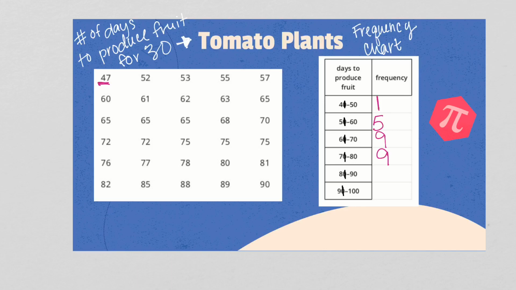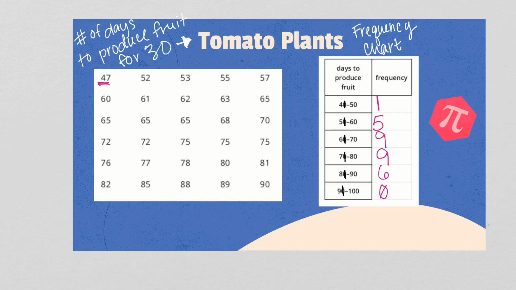Now from 81 to 90, so 1, 2, 3, 4, 5, 6. So we have 6 there. We do not have any from 91 because we already have gone through all of our numbers. So we have 0, and it's okay to have 0.